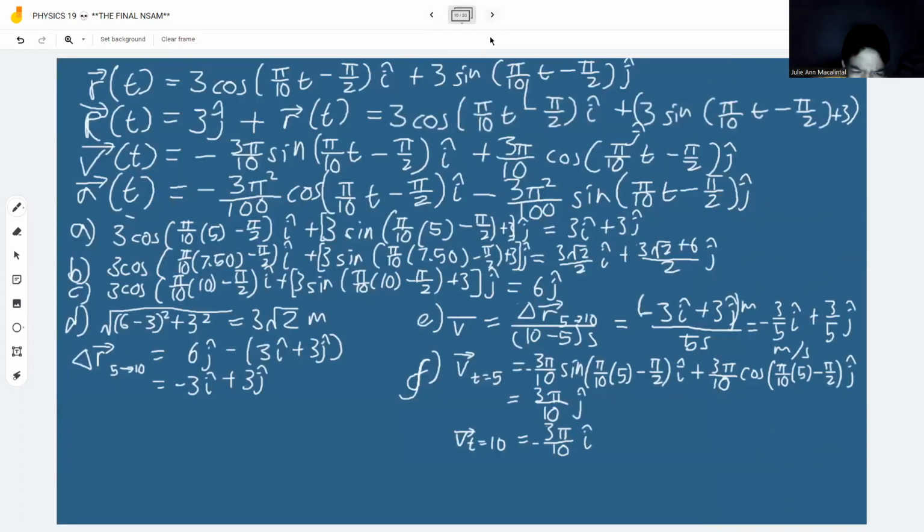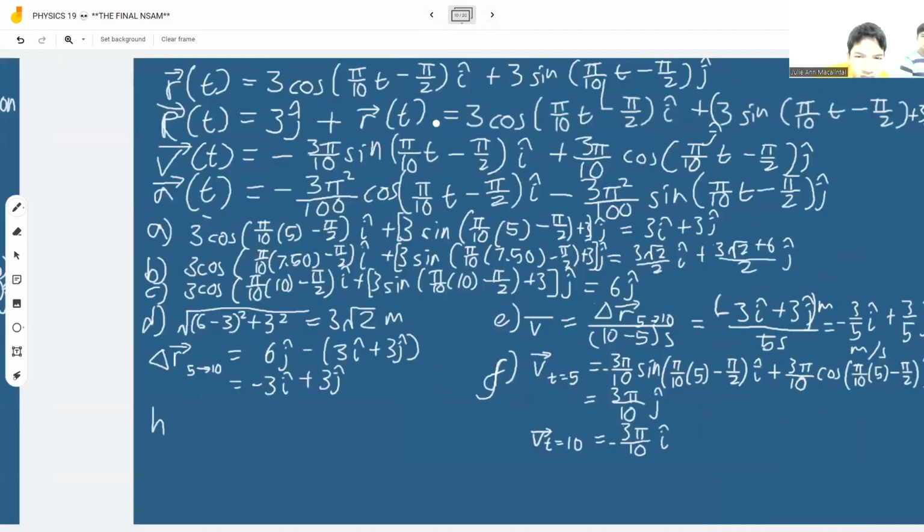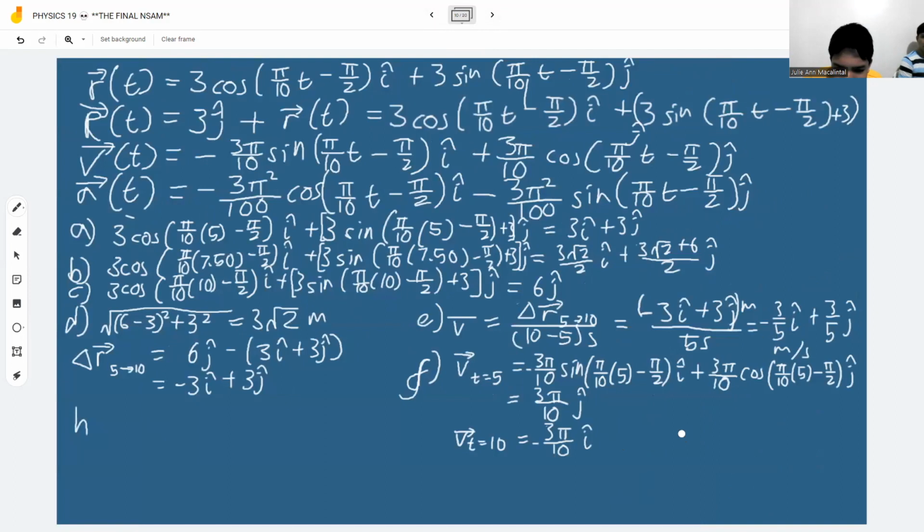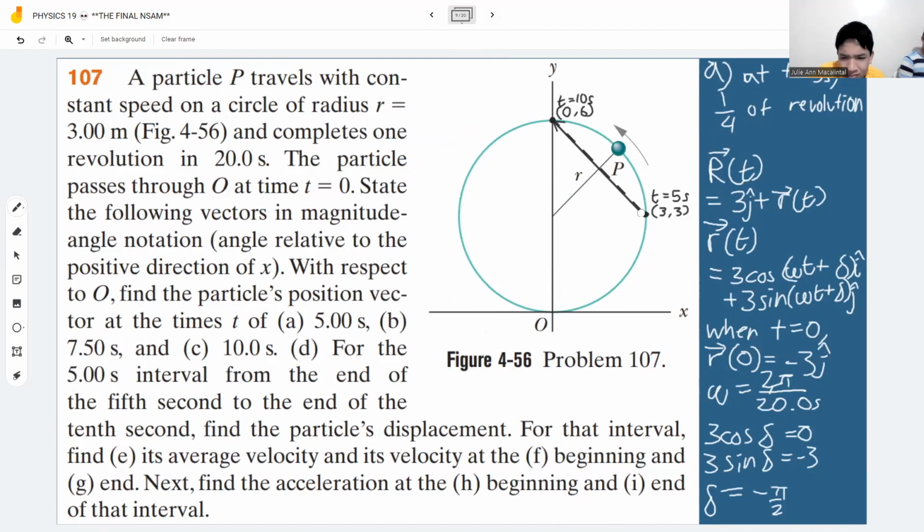Okay, what do we know about uniform circular motion? Pag constant speed around the circle, anong direction ng acceleration? Balik ka dun sa diagram. Yung ini-expect nating direction ng acceleration at t equals 5. So paki-drawing yung acceleration vector at t equals 5 dun sa position ng particle.